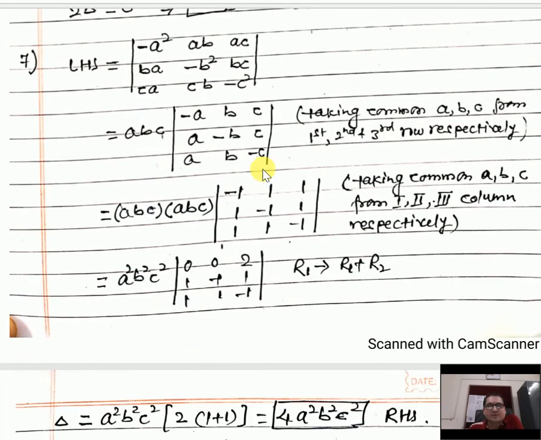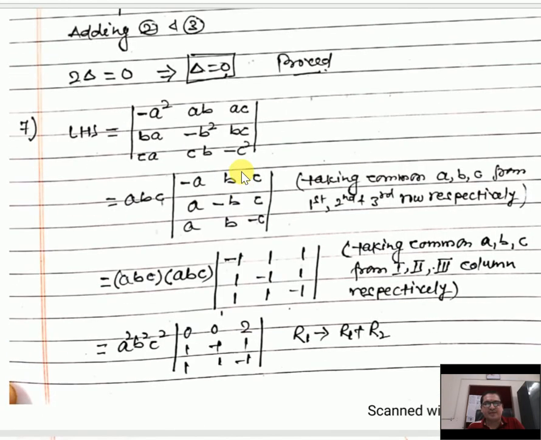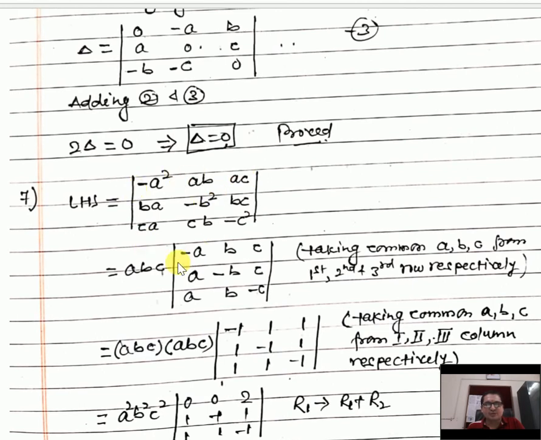Now question number 7. We have to prove that this is equal to 4 a square b square c square. On the left hand side, I am taking common a from R1, b from R2 because b is common in R2, and c common in R3, so I have taken common abc.